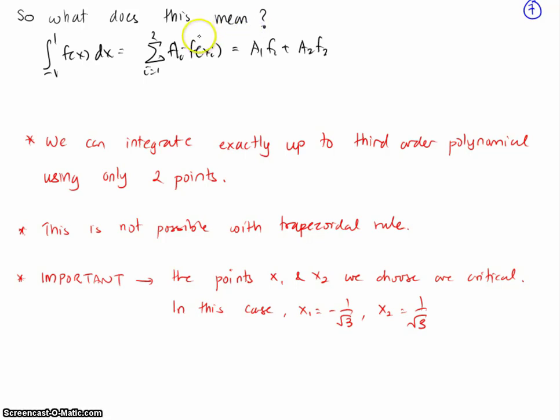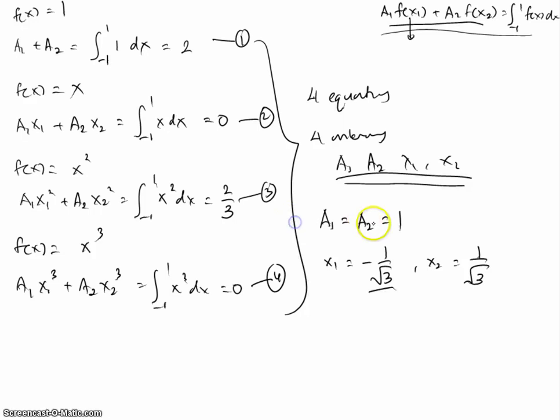So since a1 is equal to 1 and a2 is equal to 1, we can easily write this as function f evaluated at minus 1 over square root 3 plus function f evaluated at 1 over square root 3, because f1 and f2 are basically f at x1 and x2, and x1 and x2 are obtained from here.